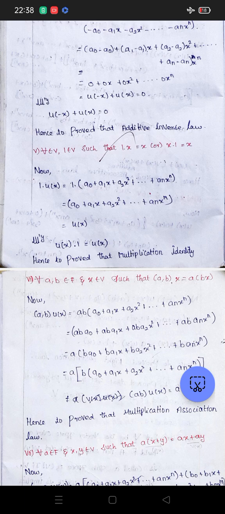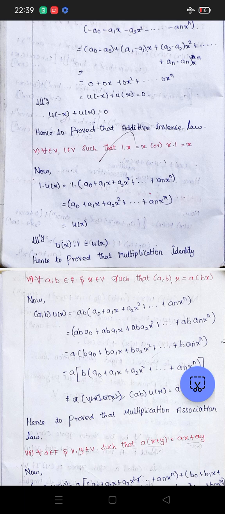You can multiply 1 with any polynomial, and the value is the same polynomial. So a0 + a1x + a2x^2 etc. + an x^n, which means 1 · u(x) is equal to u(x). Similarly, u(x) · 1 is equal to u(x).